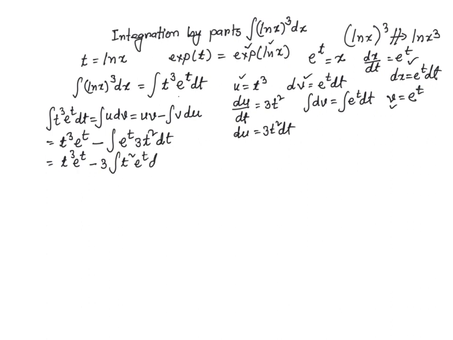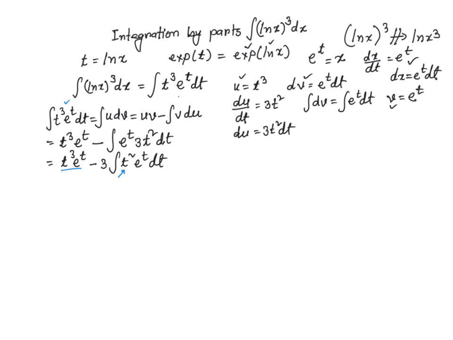Now that simplifies to t cube e to the power t minus 3 times the integral of t square e to the power t dt. If you look at it, you notice that the power of t here has gone down by 1. We started off with the integral of t cube e to the power t dt, and that comes down to t cube e to the power t minus 3 times the integral of t square e to the power t dt.